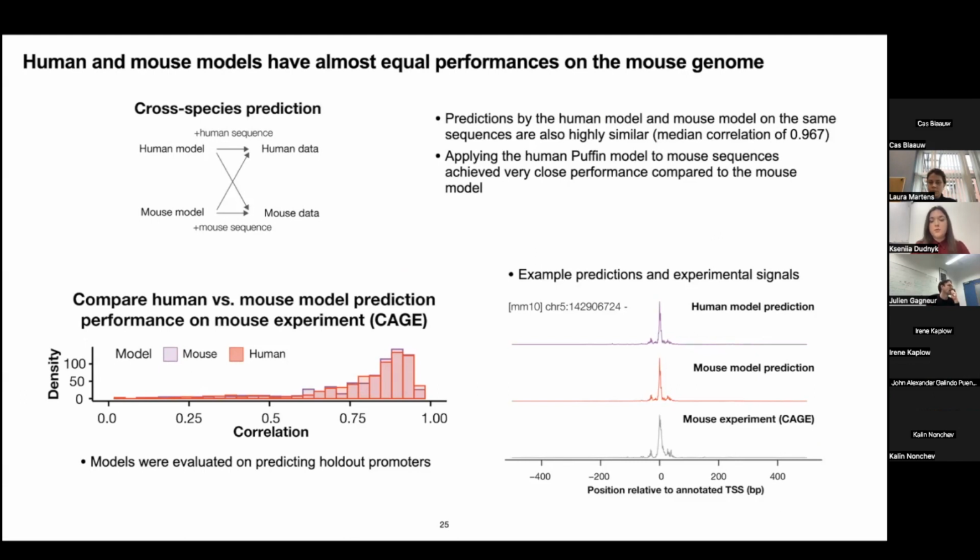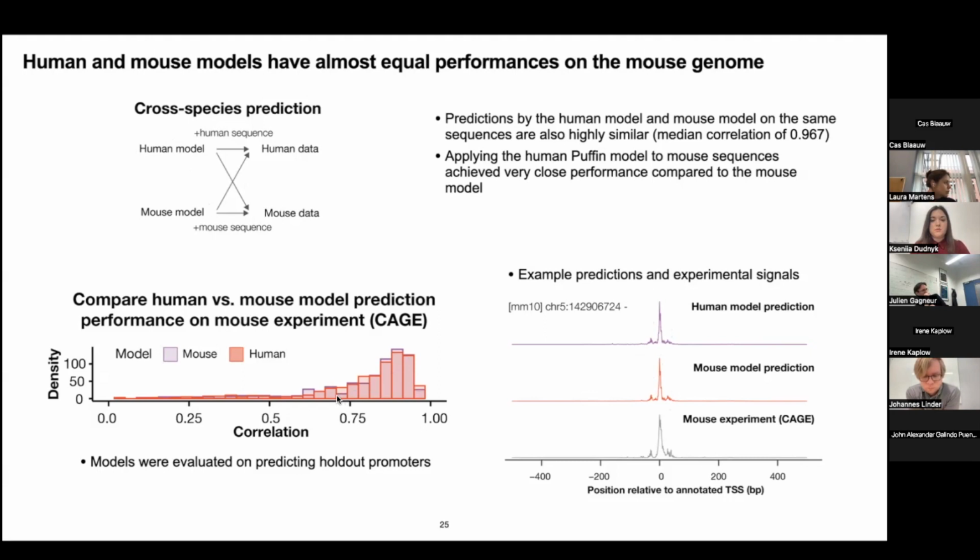So we trained the Puffin model on mouse data, and then we used the mouse model to predict the transcription initiation signal in the mouse genome. And then we also applied the human model on the mouse genome and predicted the mouse transcription initiation signal. All of this was evaluated on the holdout chromosomes. You can see that the mouse model's prediction on mouse is very similar to the human model's prediction, and the overall performance of these two models is also very similar.